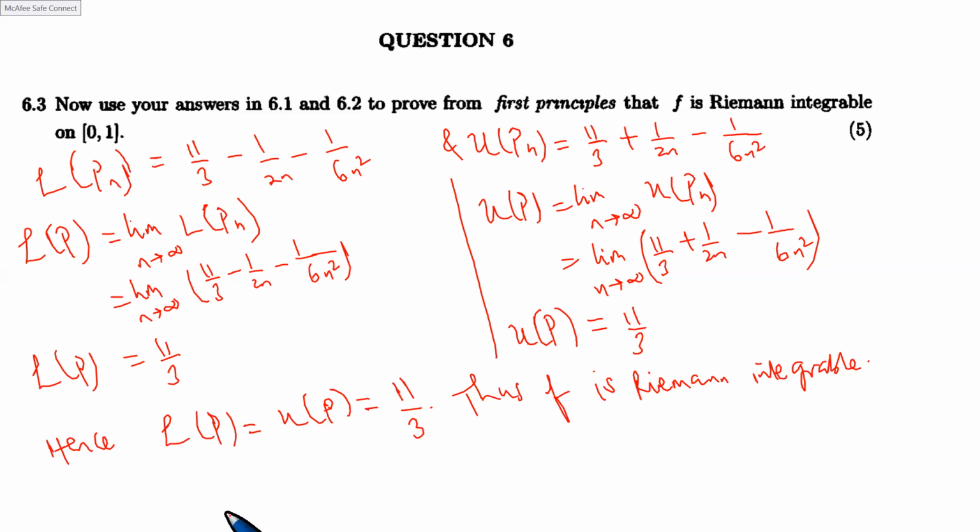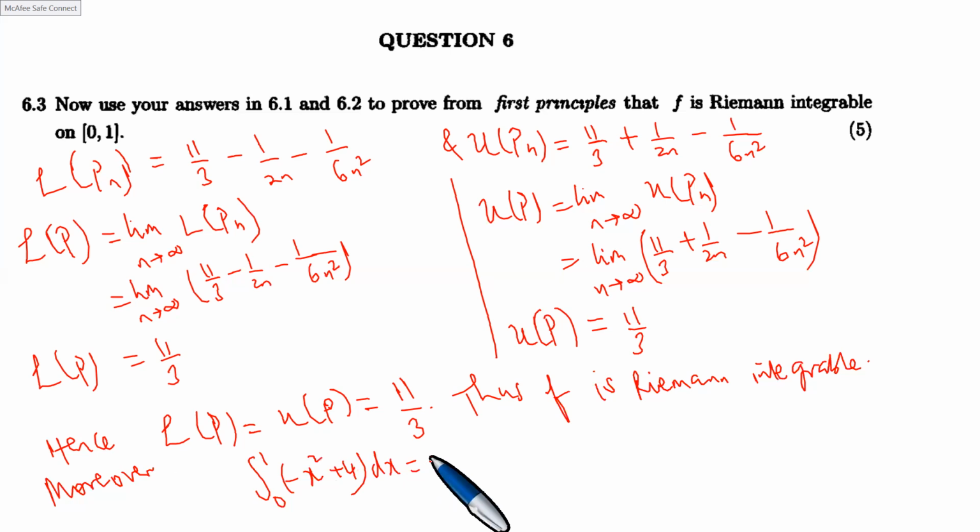Moreover, these things are the integral from 0 to 1 of minus x squared plus 4 dx. Let's use the rules of integration to verify this from first year calculus.